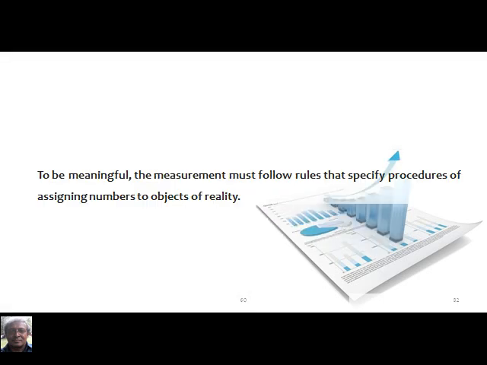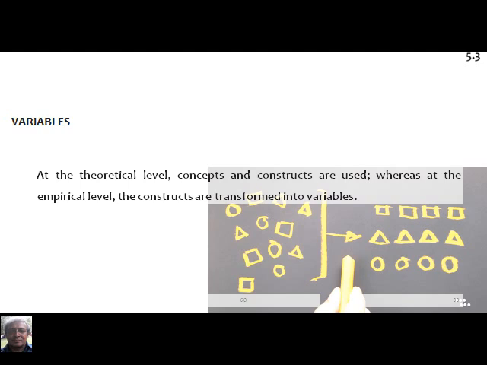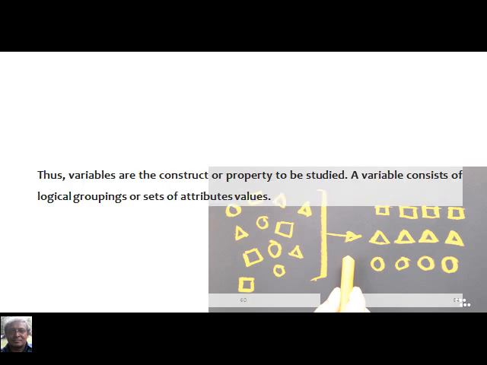To be meaningful, the measurement must follow rules that specify procedures of assigning numbers to objects of reality. Variables. At the theoretical level, concepts and constructs are used, whereas at the empirical level, the constructs are transformed into variables. Thus, variables are the construct or property to be studied.